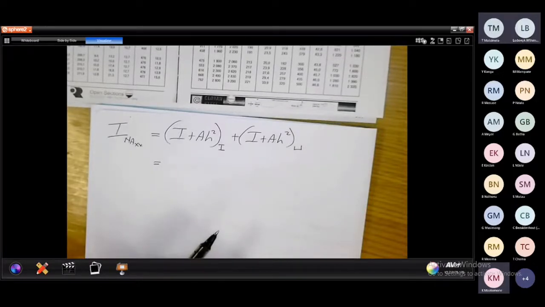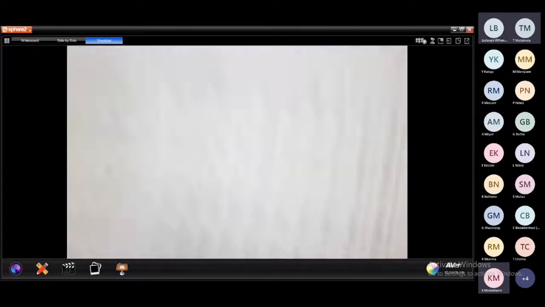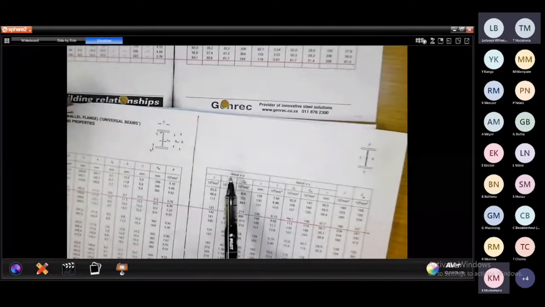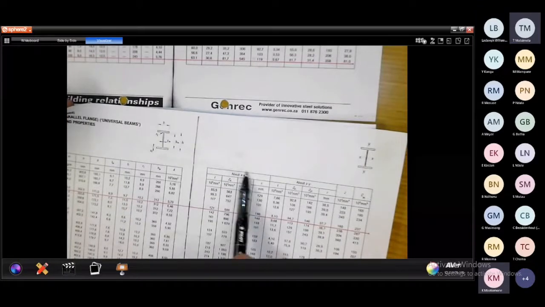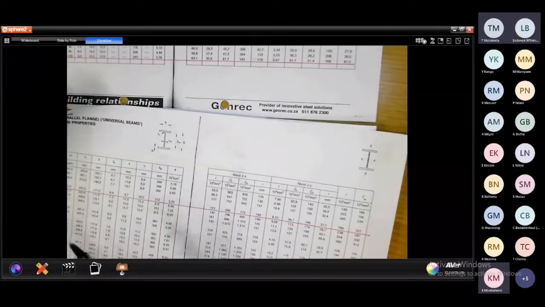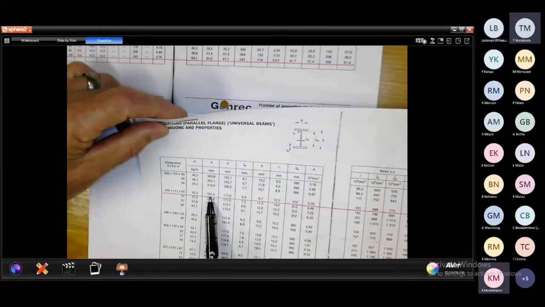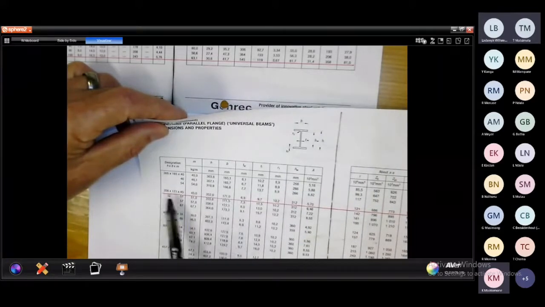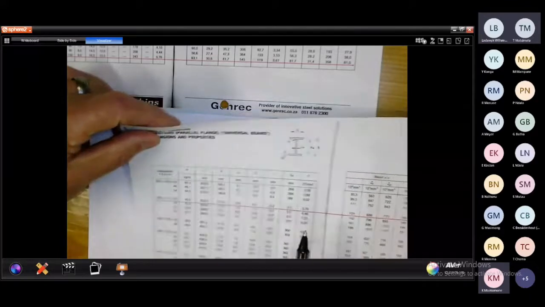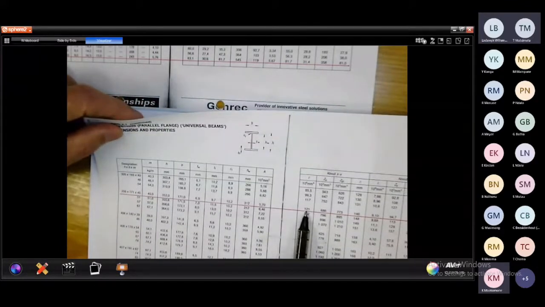I'll show you now how to check which one to use. Remember, we're working through XX. The one we're working with is 352 by 171. I check on that line on the other page. What is my I? It is 121.